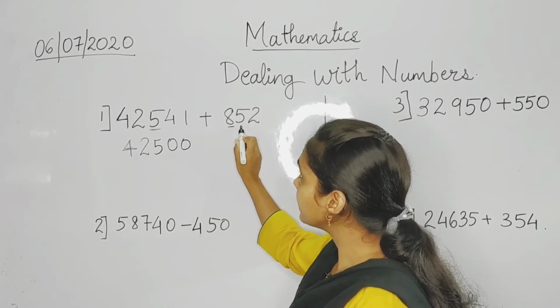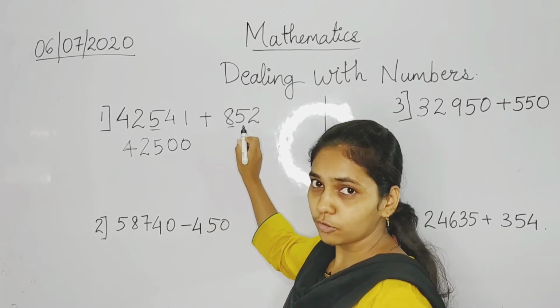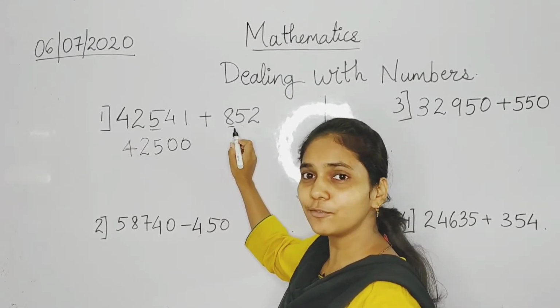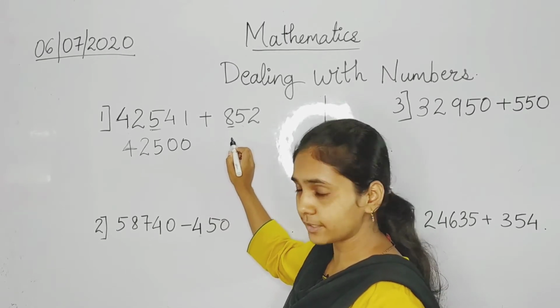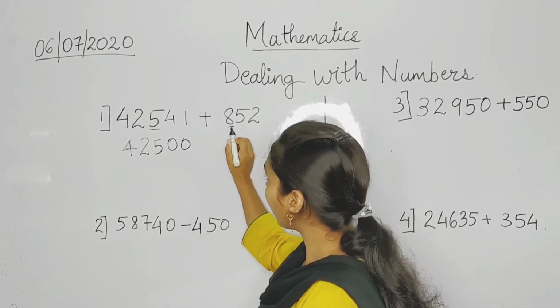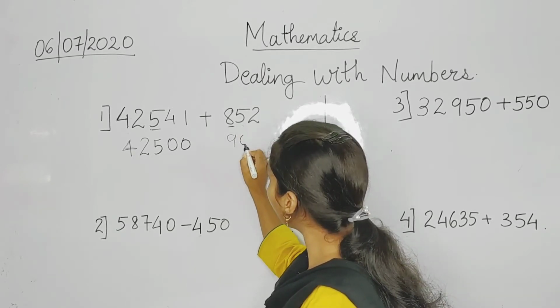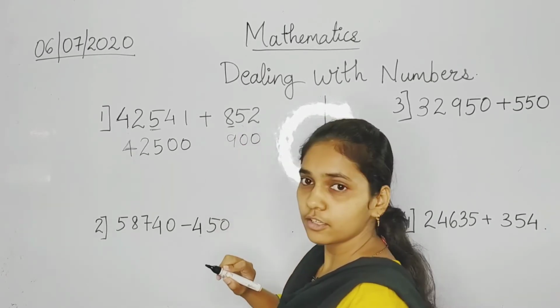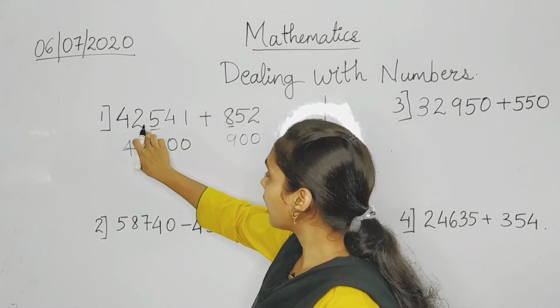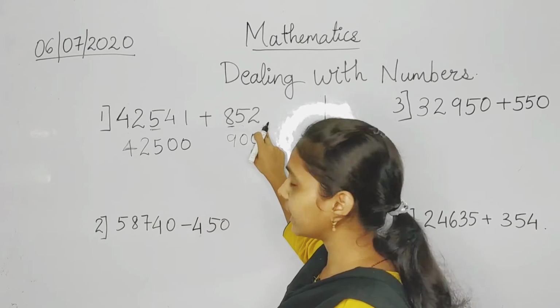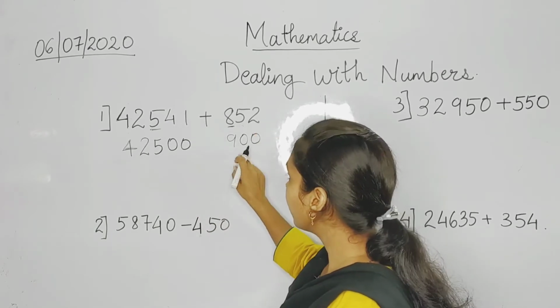Since this number is 5, we need to add 1 to the number 8. Adding 1 to 8 becomes 9, and the numbers after this we write as 00. So 42541 after rounding off becomes 42500, and 852 after rounding off becomes 900.